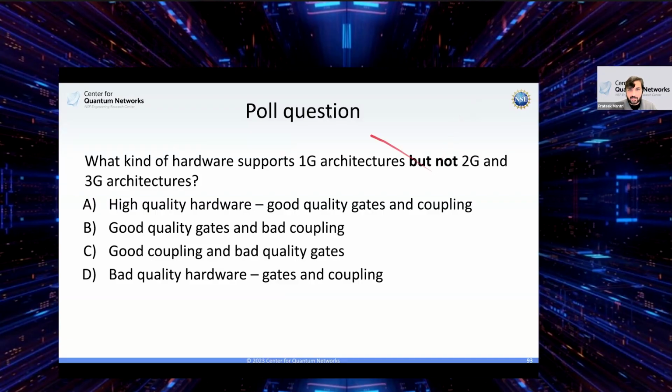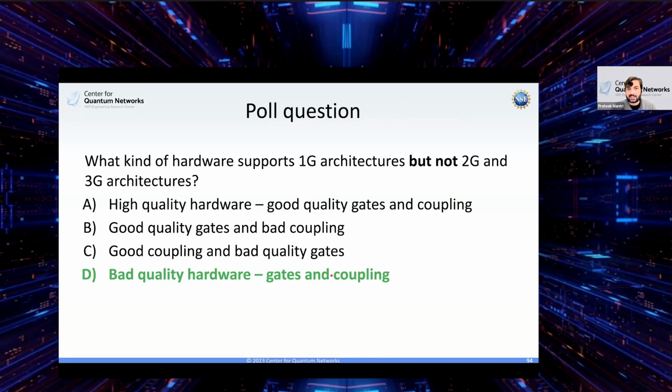All right, let's look at results. Right, so a majority of you answered good quality gates and bad coupling. So you do not need good quality gates for 1G architecture.